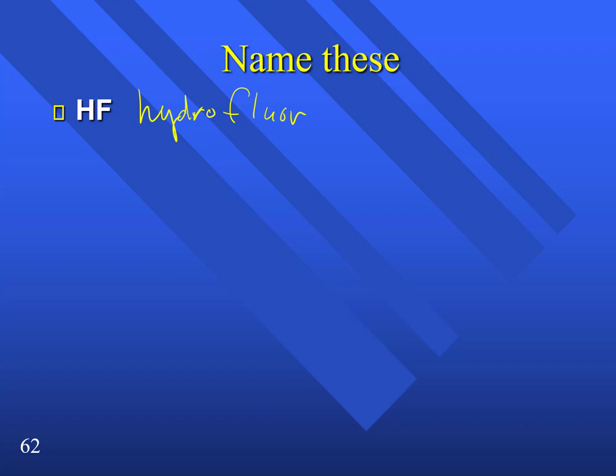And instead of writing "ide," I'm going to write "ic acid." Ta-da! Hydrofluoric acid. So the H tells me to write acid. The lack of oxygen tells me to write hydro.